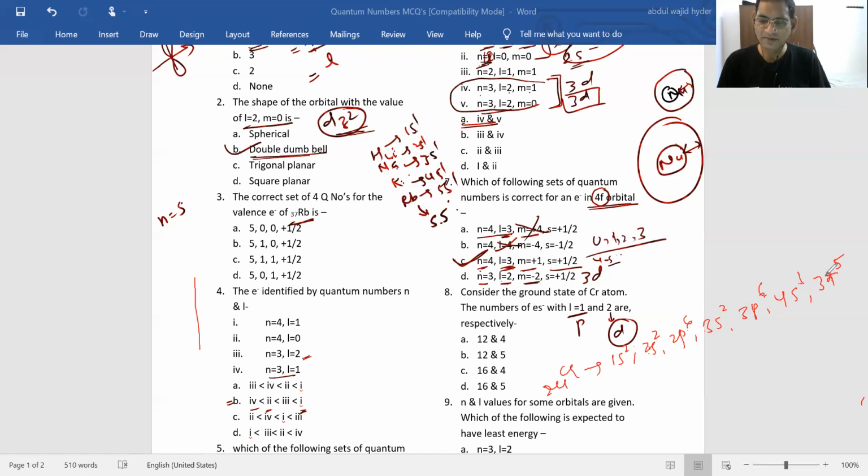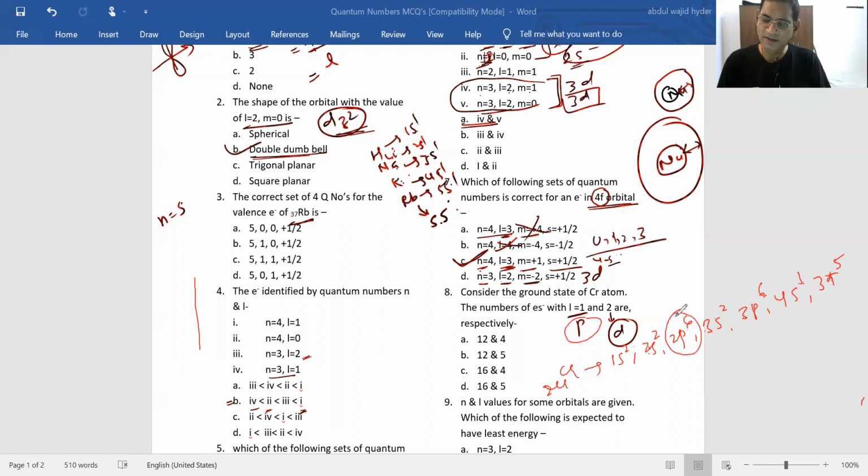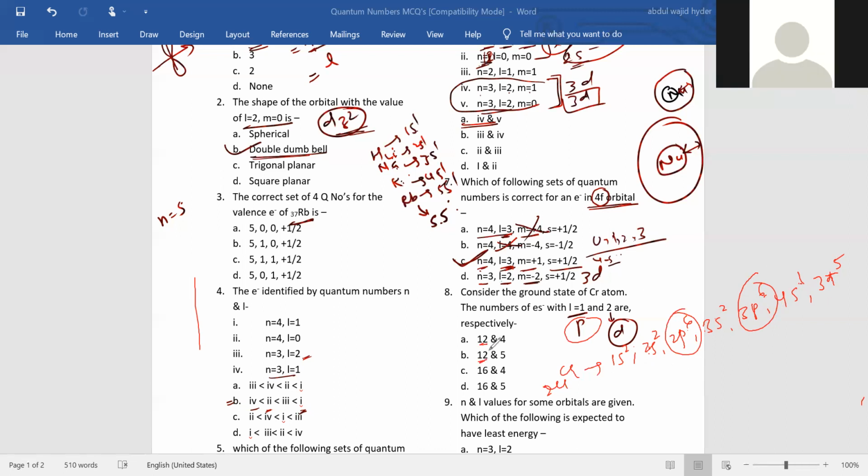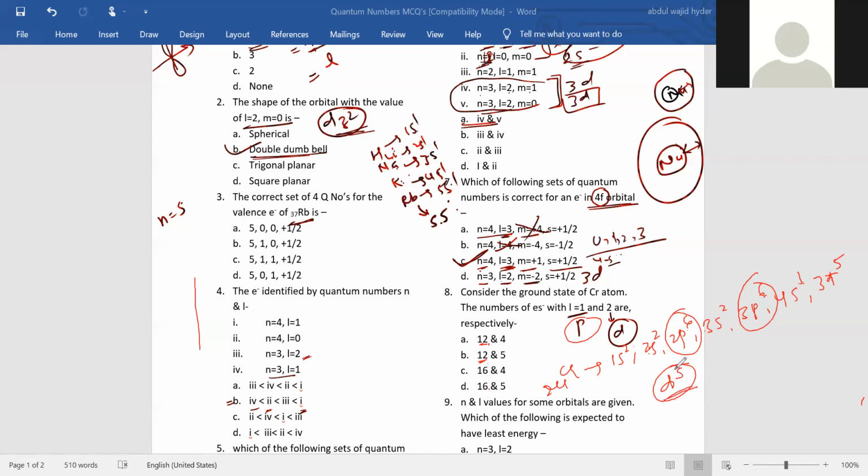Now see, L is equal to 1 means P. How many P electrons? 6 and 6, 12. So 12 P electrons. Now P is over. Now D. D is 5. So 12 and 5 will be the answer.